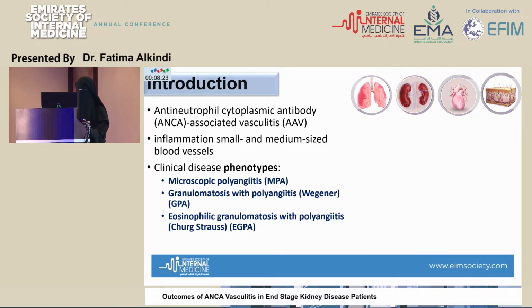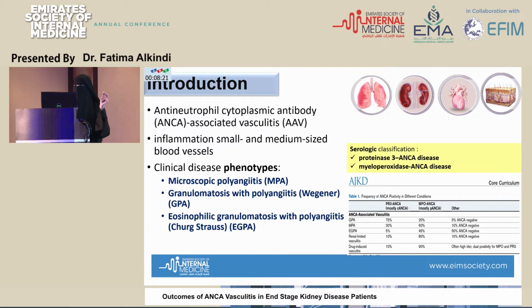There is another classification, which is serologic, whether the patient has C-ANCA or proteinase 3 ANCA positive disease, versus patients who have myeloperoxidase ANCA. In patients with granulomatosis with polyangiitis, 75% will have C-ANCA positive, while in microscopic polyangiitis, the majority will have myeloperoxidase ANCA disease.